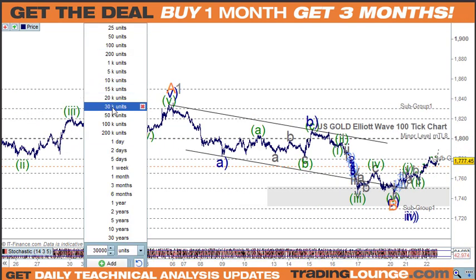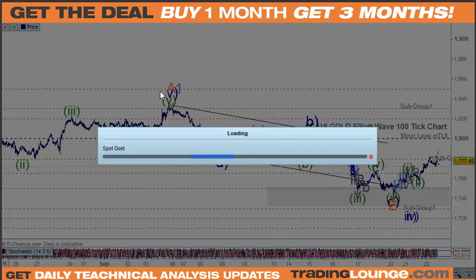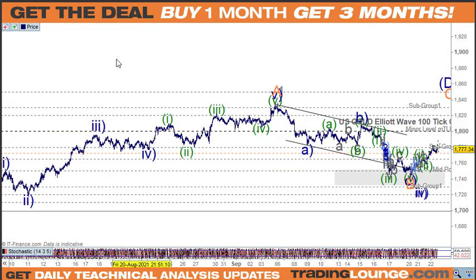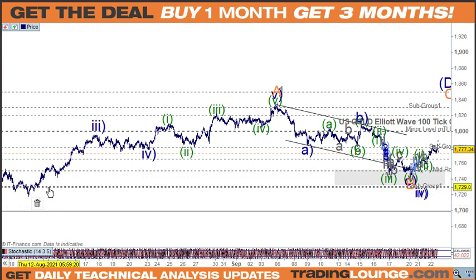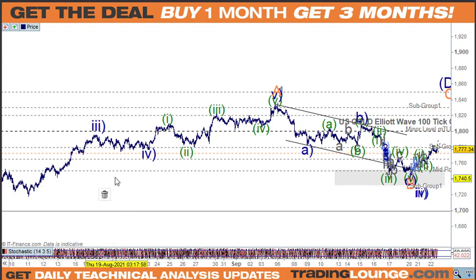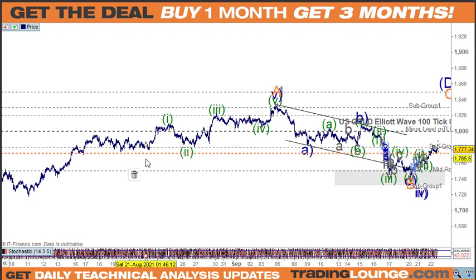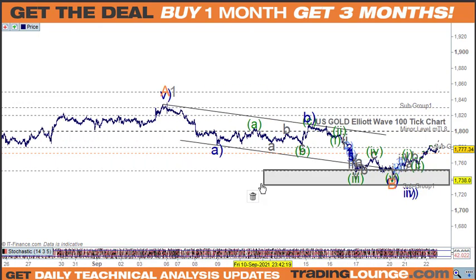I'm a bit short on objects on the chart, so I don't need these on the tick chart. We don't need some of these lines down here. I'll leave that, take the 17 out. Don't need these, don't need that one. I'll leave those there for a minute.